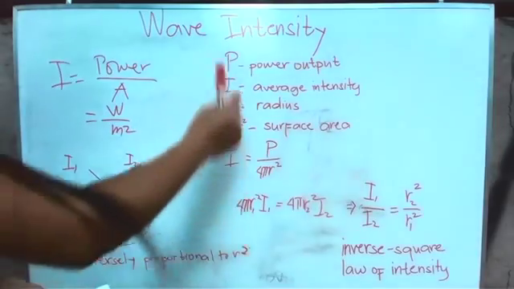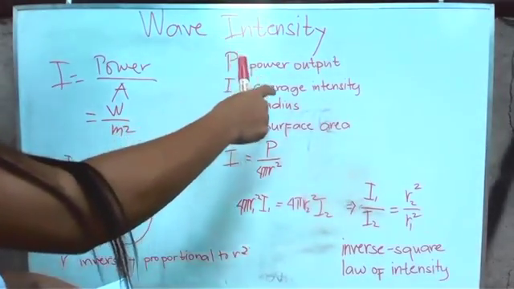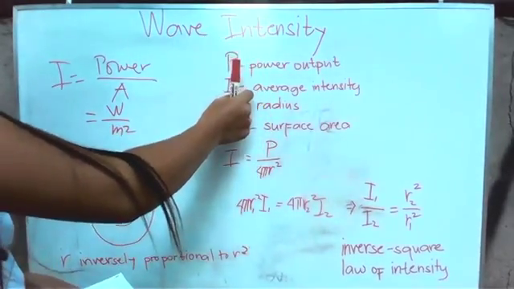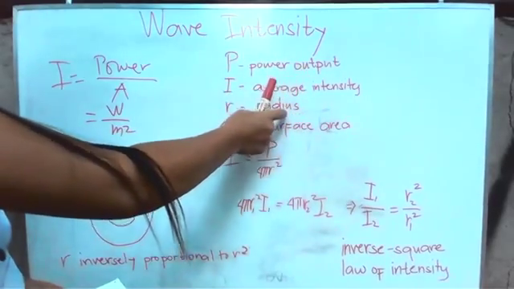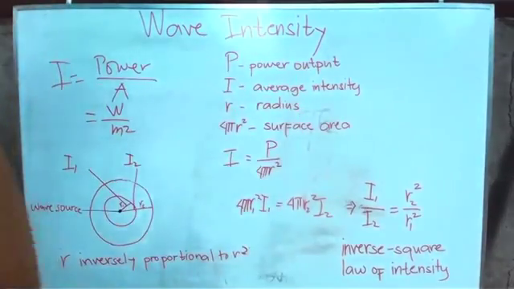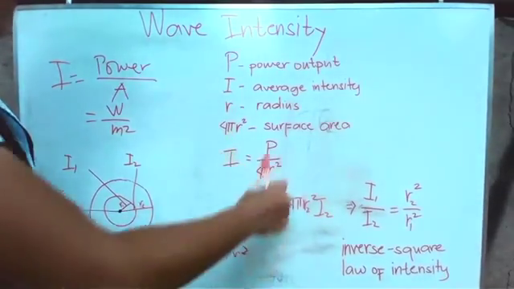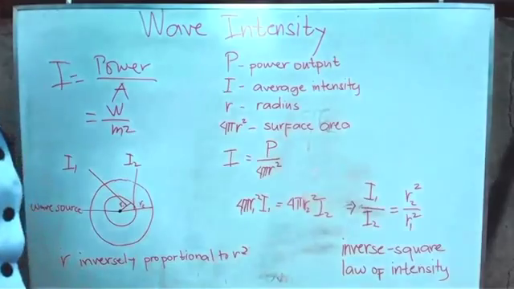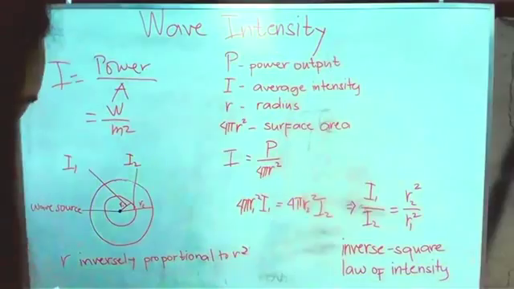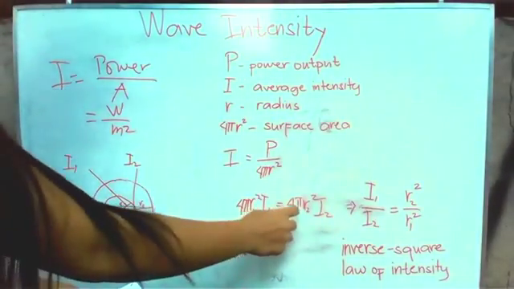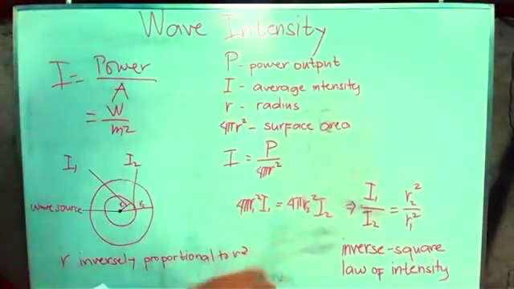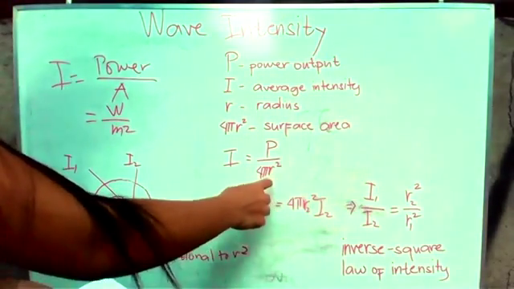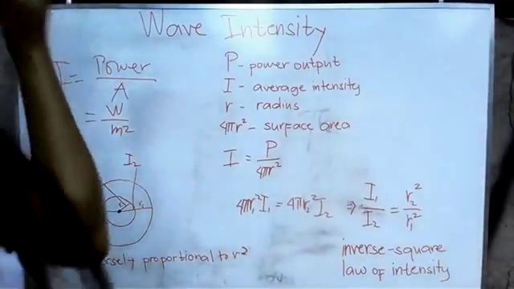So if the power output is P, the average intensity at radius r, with surface area 4 pi r squared, we get the equation I is equal to P divided by the surface area. If there is no energy absorbed between the two, P must be equal for I1 and I2.